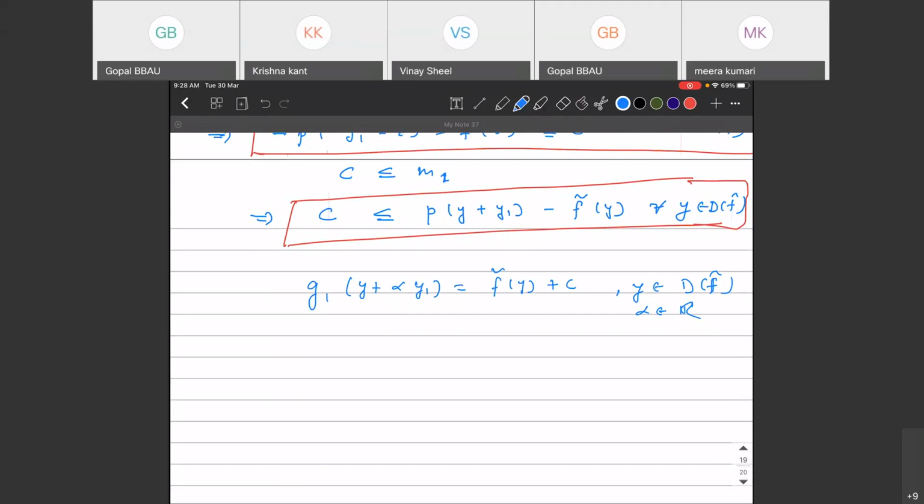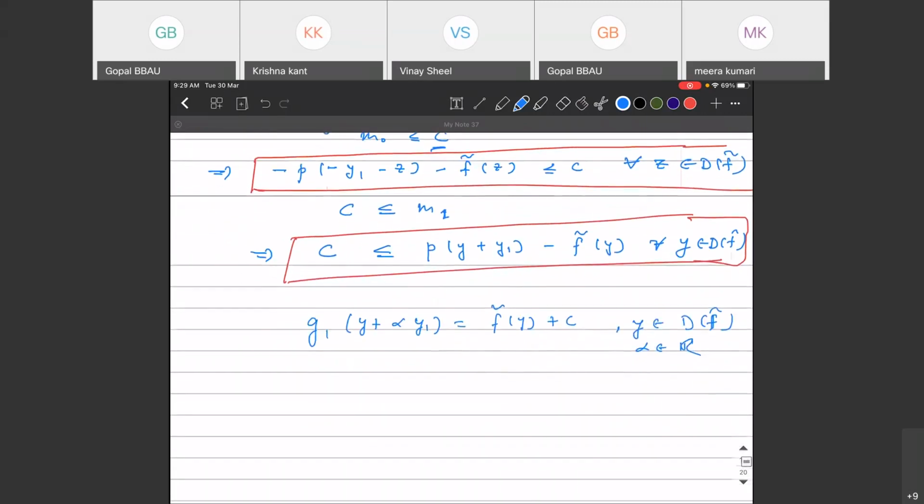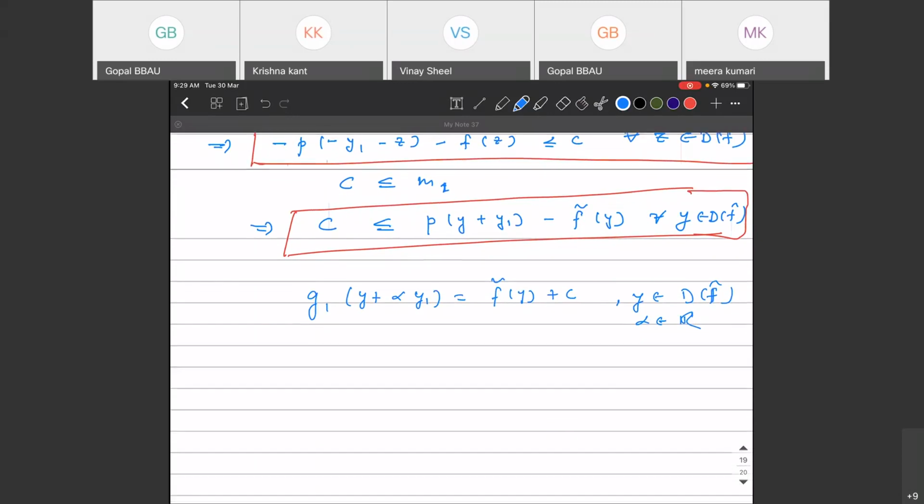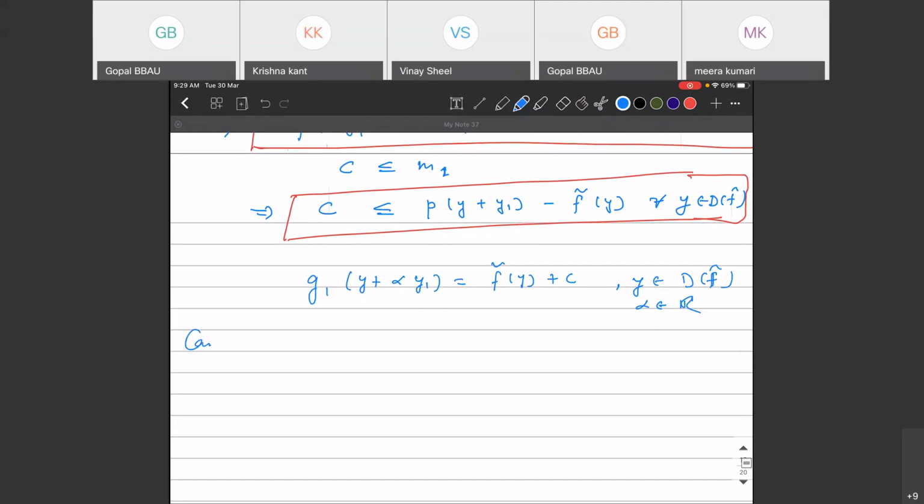And what we have to show, our claim was G1 belongs to E. So for this, we have to show G1 is an extension of F, and G1 is less than or equal to P. We have seen that G1 is an extension of F. What we have to prove now is G1 less than or equal to P. So we will prove that.